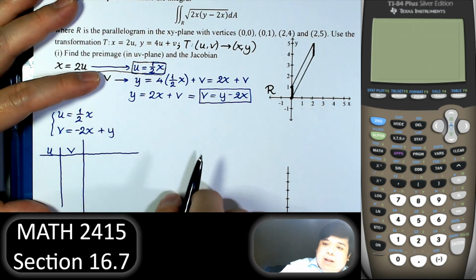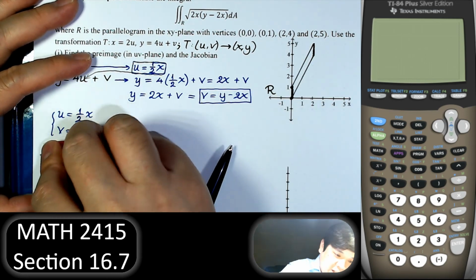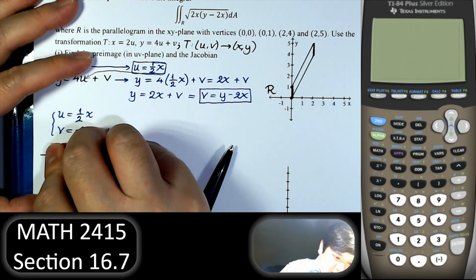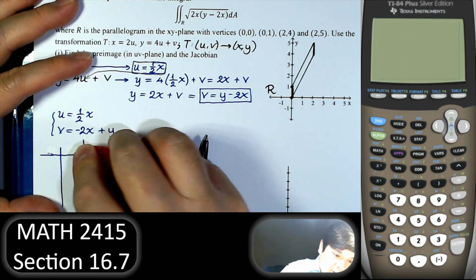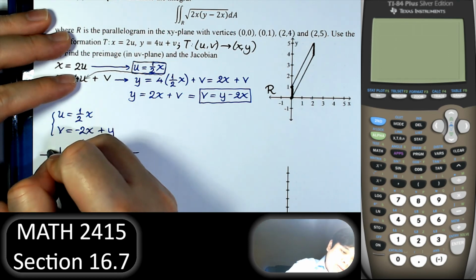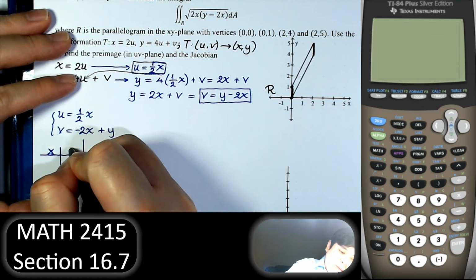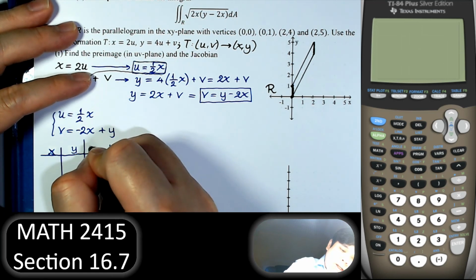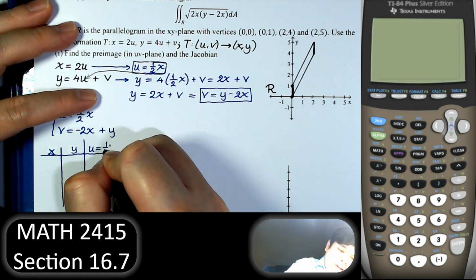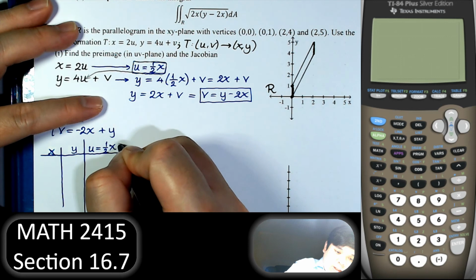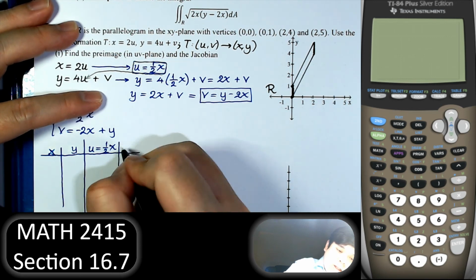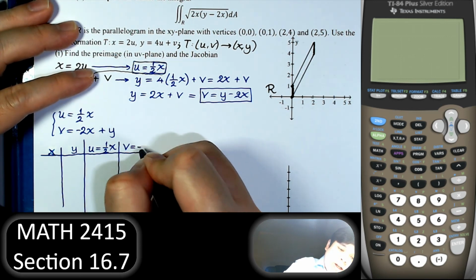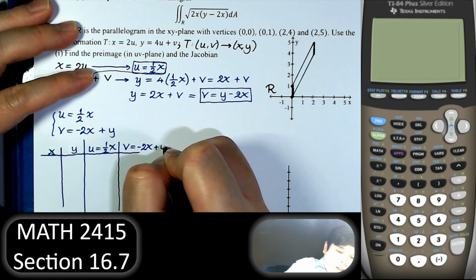Sorry, let's start with xy. U is 1/2 x and v is negative 2x plus y.